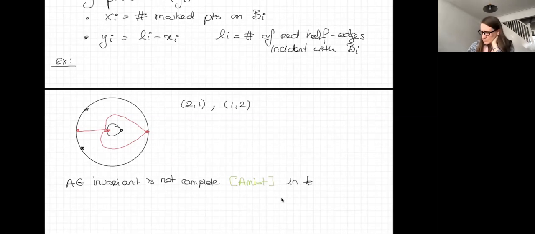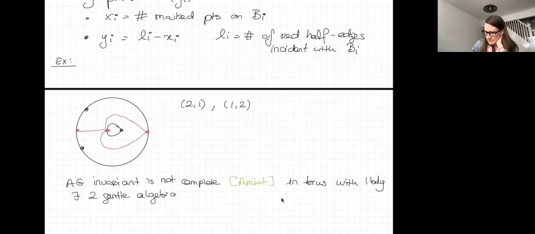Namely, in the torus, she shows that, for the torus with one boundary, there are two gentle algebras, and she explicitly gives these, such that the gentle algebras A and B have the same AG invariant, but the algebras are not derived equivalent.